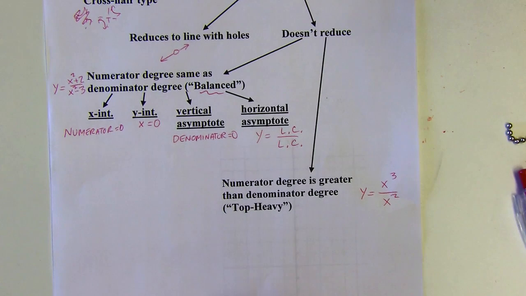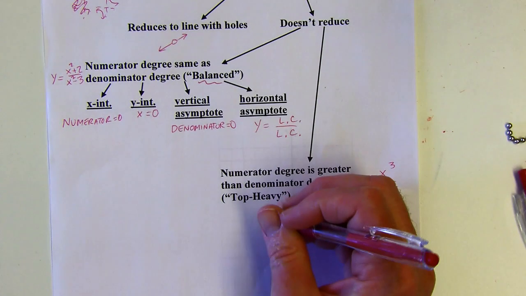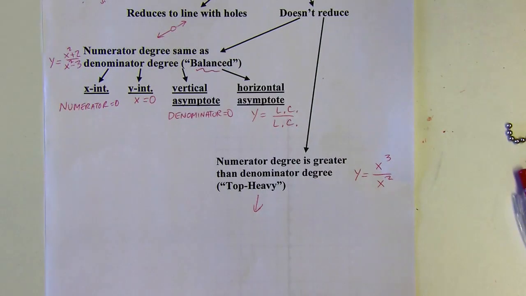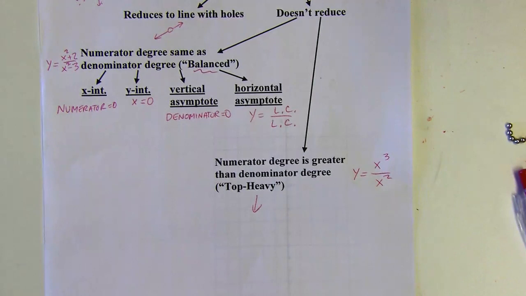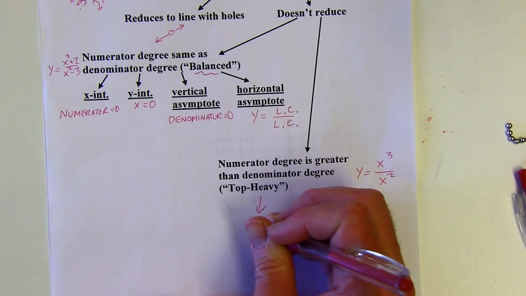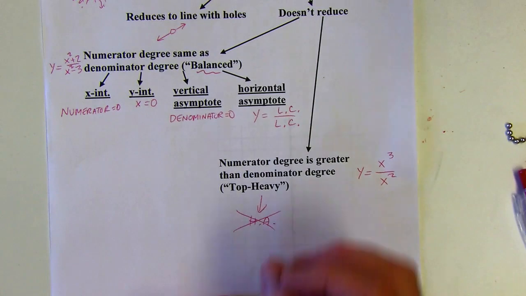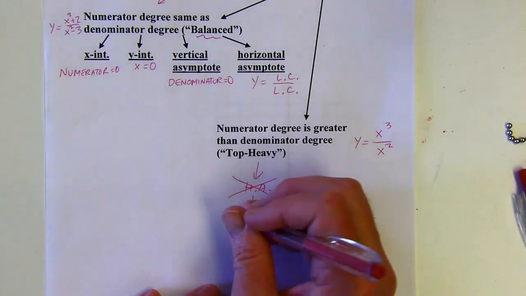And we still want to find the intercepts and asymptotes. So the intercepts we can find just by plugging in zeros, okay? These are just little shortcuts of how to find those, but you could still just plug in zeros for the x's and y's, all right? But the horizontal asymptote, I'll just put HA for horizontal asymptote, doesn't exist. There isn't one. So that's good news, but the bad news is instead we've got a slant asymptote.